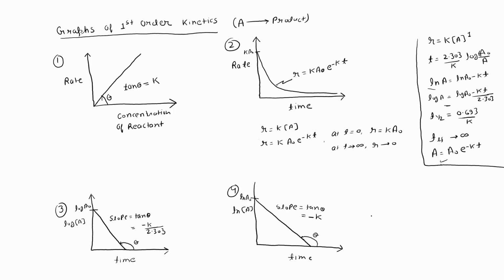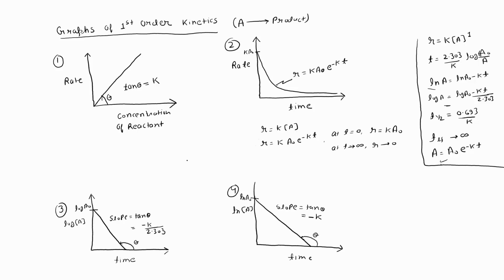Third, rate decreases exponentially with respect to time, and the log of concentration of the reactant decreases linearly with respect to time. So which is false? The false one is the first option, that rate increases linearly with respect to time, because for a first order reaction rate decreases exponentially with respect to time, not linearly.